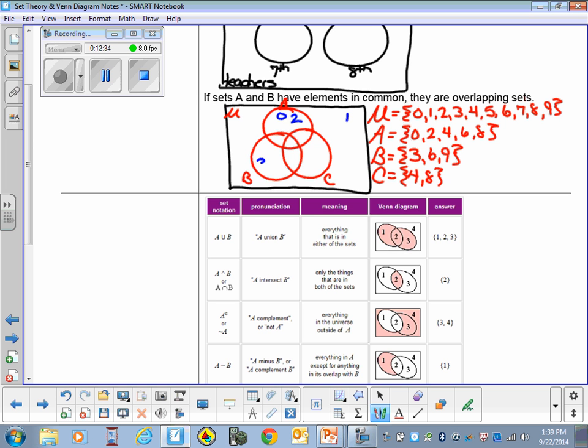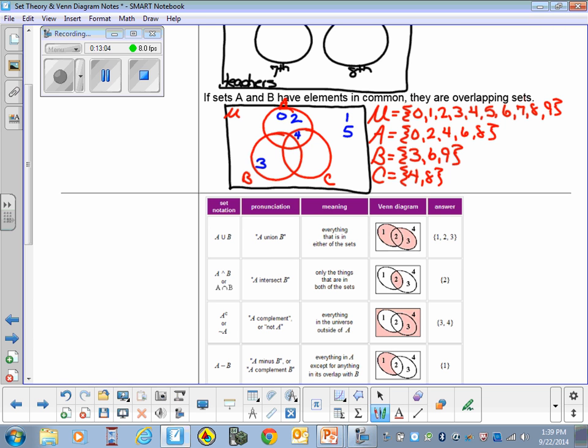B only. 4, does that belong to any other set? A and C. So it has to go where A and C overlap each other. Be careful not to put it where B overlaps. So it does not go in the very center. It goes here where only A overlaps C. 5, does that belong to any other set? Nope. Floats out here in the universe.